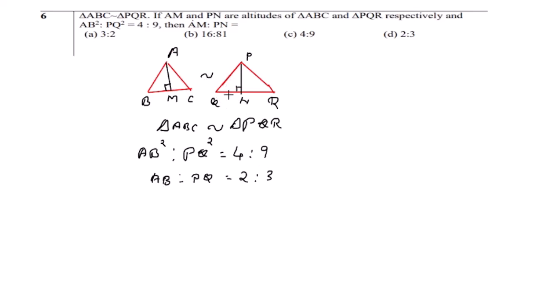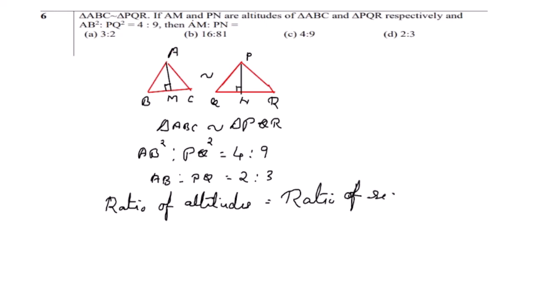If they are similar, we can say that the ratio of altitudes must be equal to the ratio of sides. The two altitudes AM and PN must be equal to the ratio of their sides.